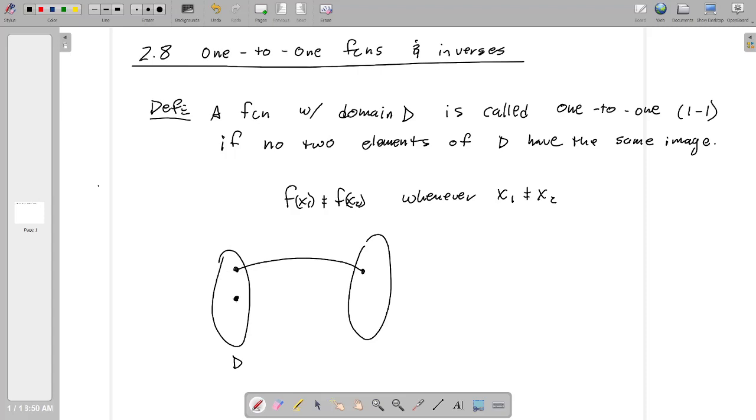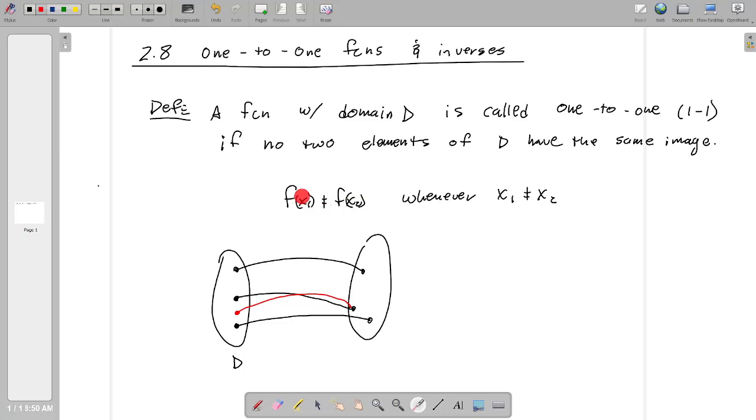So previously, when we talked about functions, we said that two different elements in the domain could map to the same element in the range. In this case, it would not be a one-to-one function, because here we have two different x values, say x1 and x2, that are different, so they're not equal, but they would have the same y value, which is what this is saying.